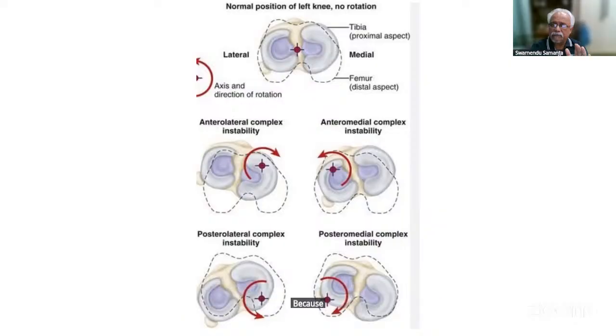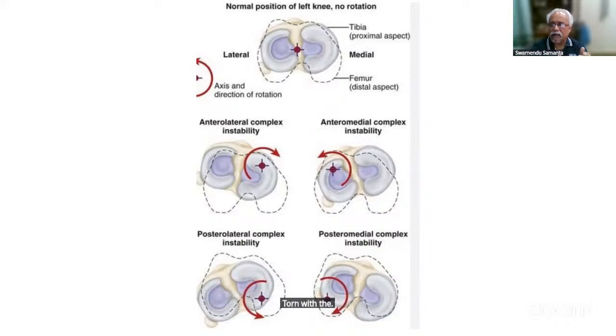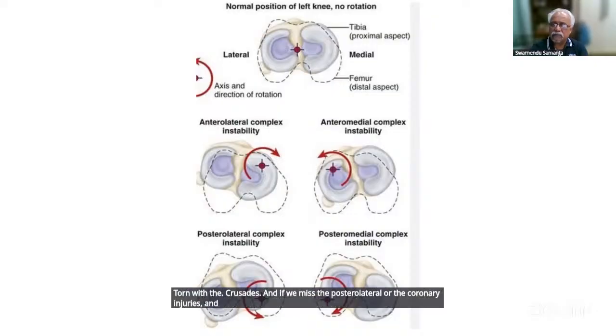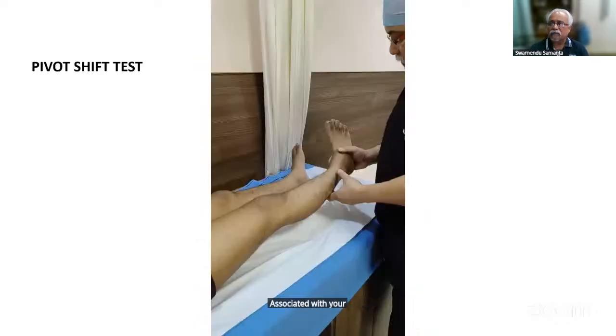Because you see, the anteromedial structures, the anterolateral structures can be torn with the cruciates. And if we miss the posterolateral or the corner injuries, and if you just do your ACL reconstruction, if you don't do the corner injuries, this ACL or the PCL, whatever the best possible way you do, it is going to fail. So you have to understand what are the corner injuries which might be associated with your cruciate injuries.